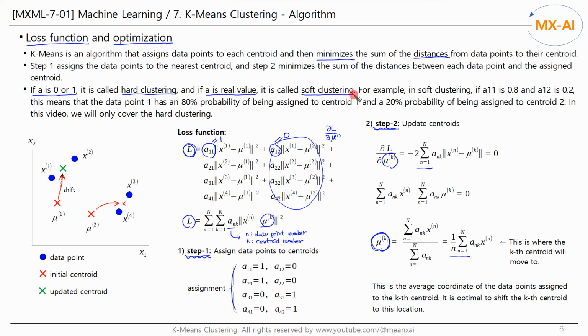For example, in soft clustering, if A1,1 is 0.8 and A1,2 is 0.2, this means that data point 1 has an 80% chance of being assigned to cluster 1 and a 20% chance of being assigned to cluster 2. In this video, we will only cover hard clustering.